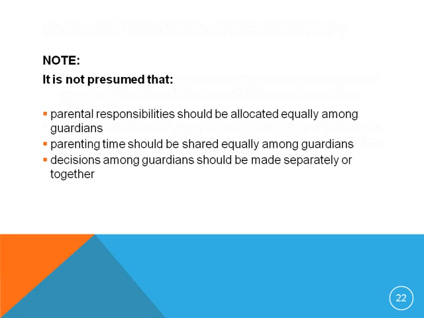So one thing to note, it is not presumed that parenting responsibilities should be allocated equally amongst guardians. So again, this goes back to the best interest of the child. There's no presumption that it should all be 50-50 or anything like that. They're really going to, of course, put an emphasis on looking at the best interest of the child. Is it really reasonable?